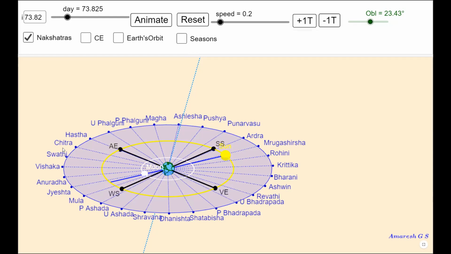That adds up to 354 days. Against this, the sun takes about 365 days to complete 1 full rotation. And therefore, we said there is a gap of about 10 to 11 days between the length of the lunar year and the length of the solar year.